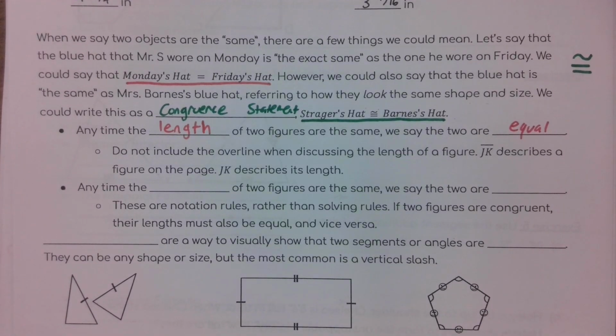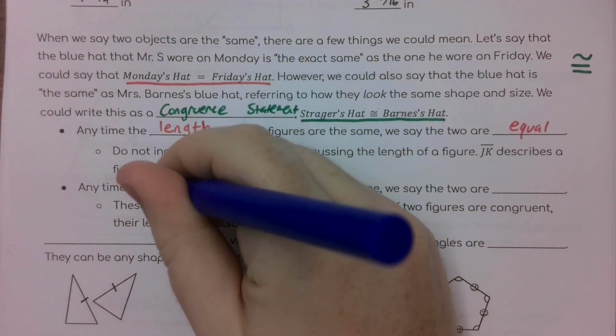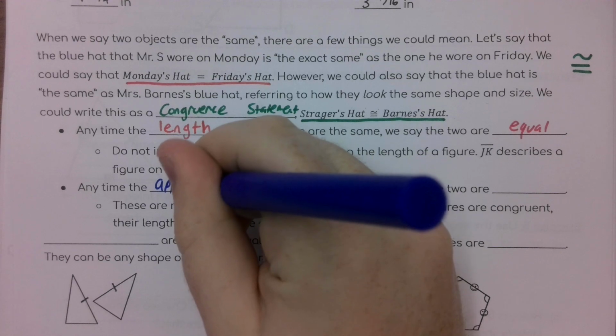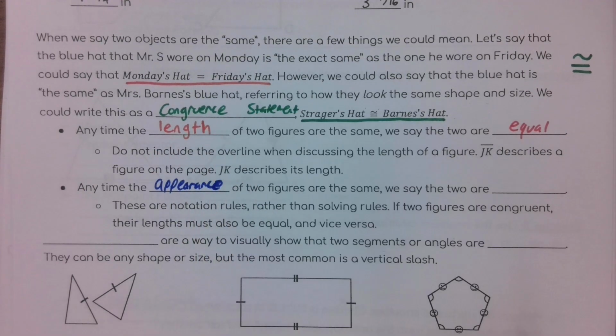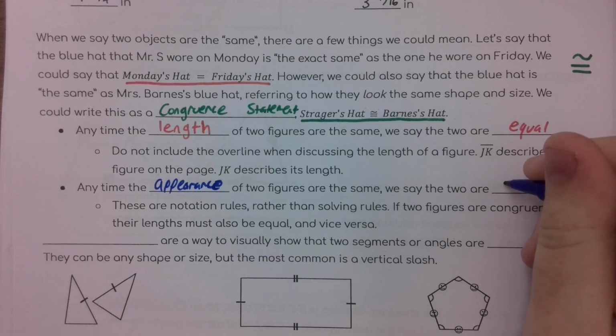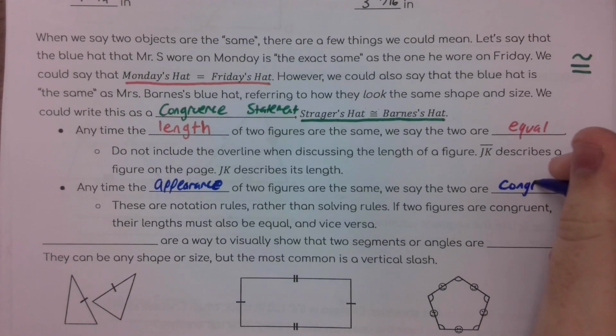But anytime the appearance of 2 figures looks the same, maybe it's 2 shapes that look to be the same. Anytime we're talking about 2 shapes that look the same, but might be 2 separate figures, we call those 2 figures congruent.